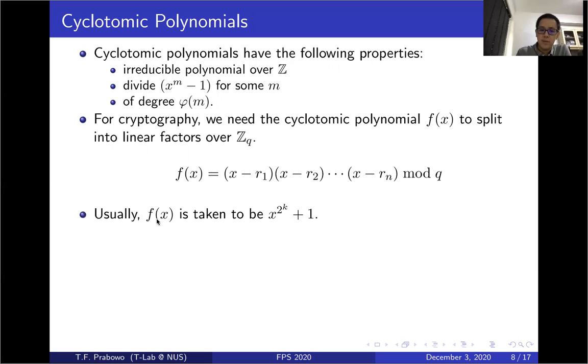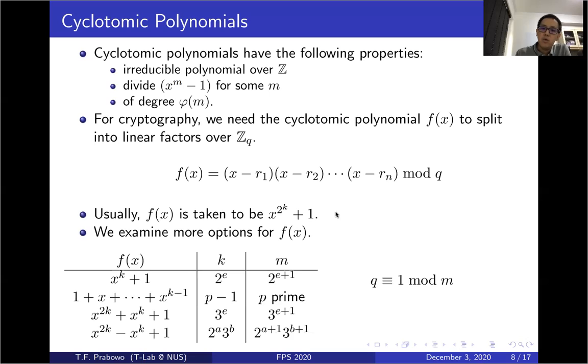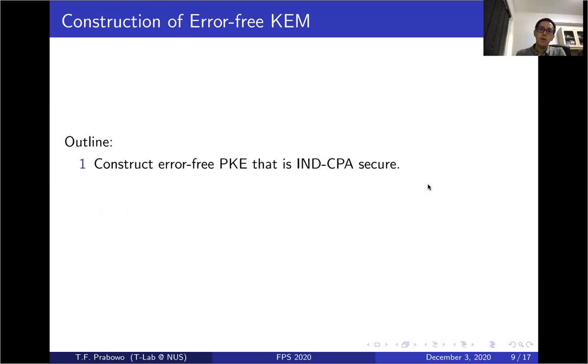Usually f is taken to be of this form, but in our work, we study more options for these cyclotomic polynomials. These are the cyclotomic polynomials that we study. And under this condition, we can show that f(x) splits into linear factors when we take modulo q. So now let's move on to the construction of our error-free key encapsulation mechanism.